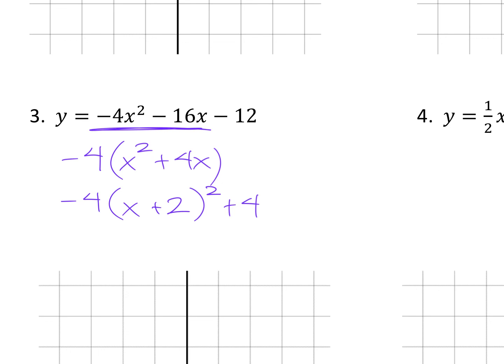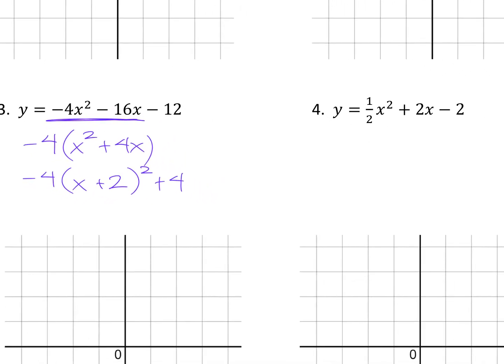Now, the only other thing we have to tackle is what if the a is a fraction? Here's the only thing you have to think about. Last one. I'm still worried about these two. This time, what am I factoring out? When you're factoring, do we recognize that we are dividing? Like when I factor out a negative 4 out of that 16, it's dividing that by negative 4. We don't divide by fractions, do we? We multiply by the reciprocal.